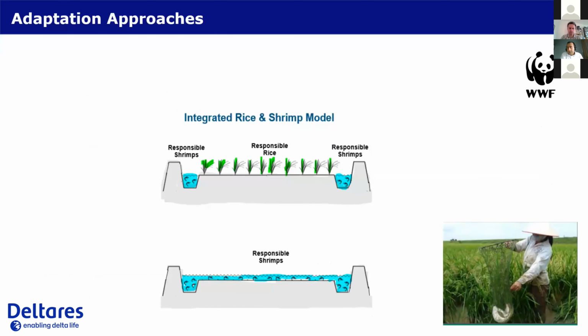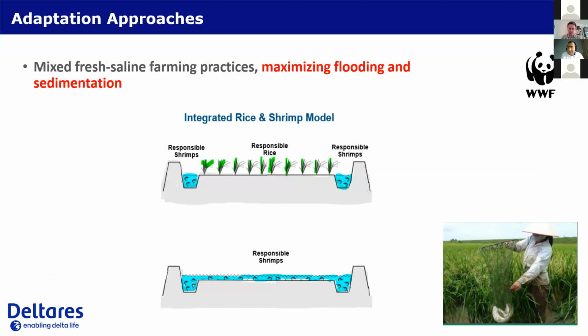Some of the examples that leverage this seasonality is the integrated rice and shrimp model, which is not new in the Mekong Delta, but it can be modified to maximize flooding, because these farms actually have to be flooded in their cycle a couple of times.